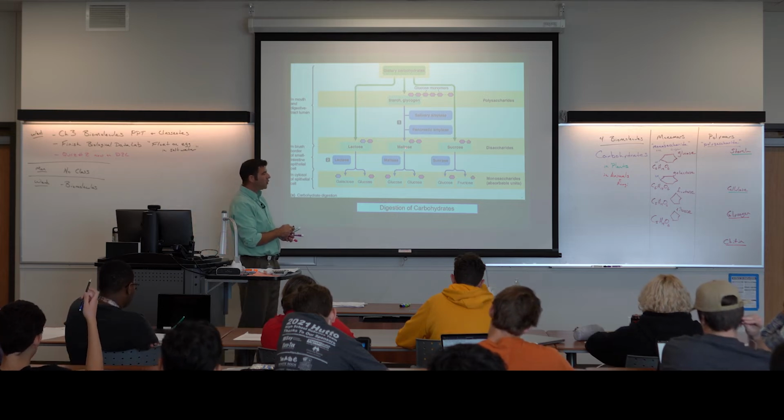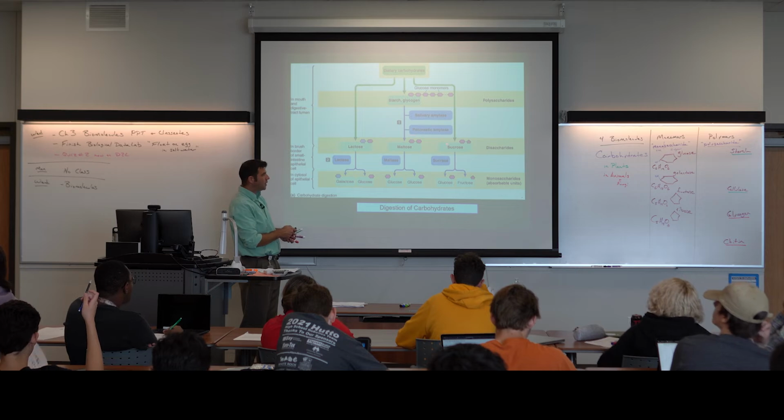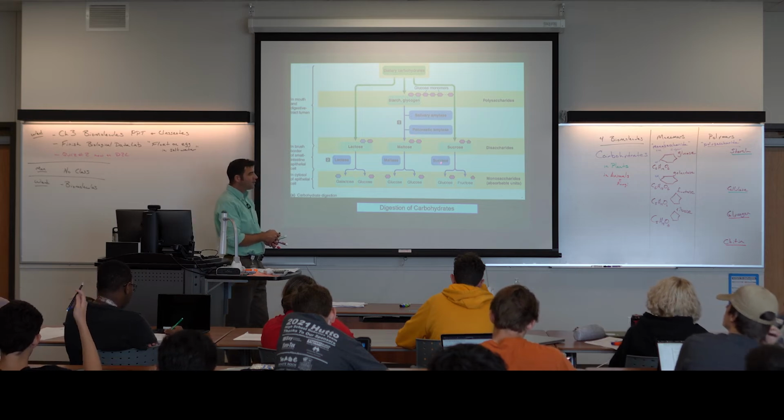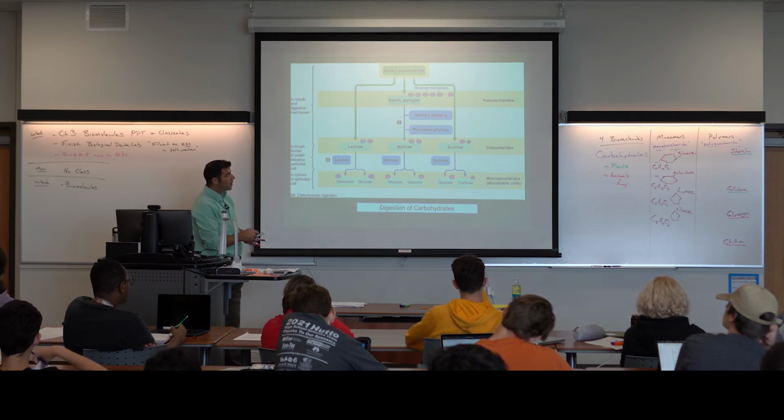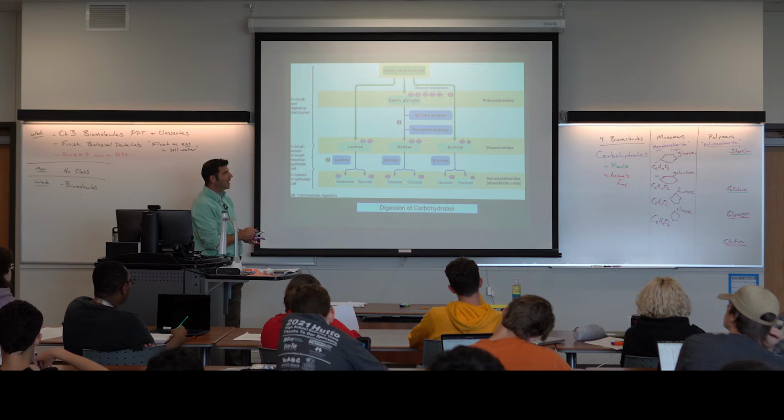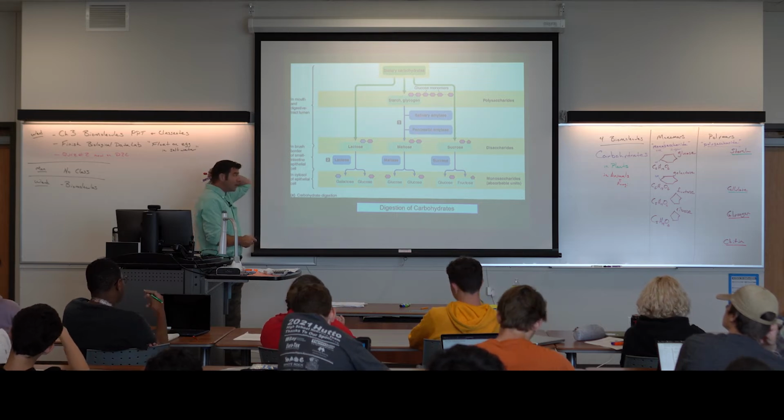Maltase breaks down maltose and not any of the other structures, and we can see sucrase breaking down sucrose. Up here there are even other enzymes. We can see the ase ending there, salivary amylase and pancreatic amylase.